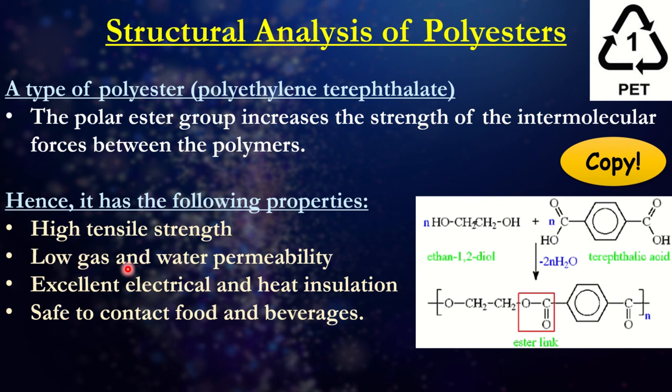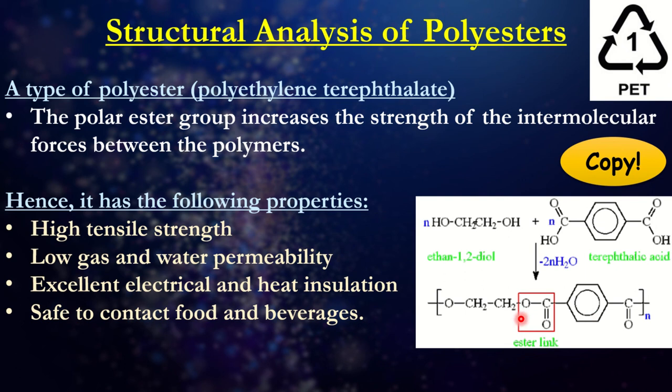It has low gas and water permeability, so gases and water don't go through it as easily. It's also an excellent electrical and heat insulator. And it's really safe to use in contact with food and beverages because it's pretty stable and not very reactive at all. So that's the structure of it, and that's the reasoning.